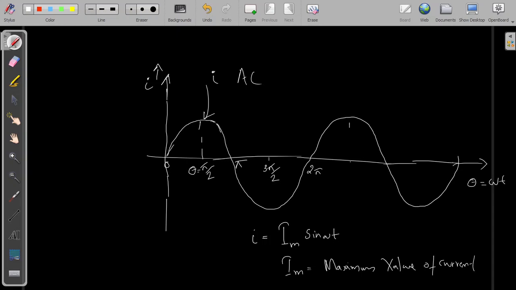In this waveform, this is plus Im and this is minus Im, the negative peak.